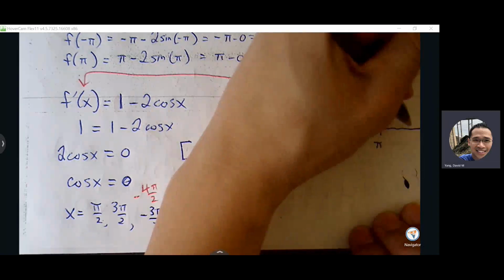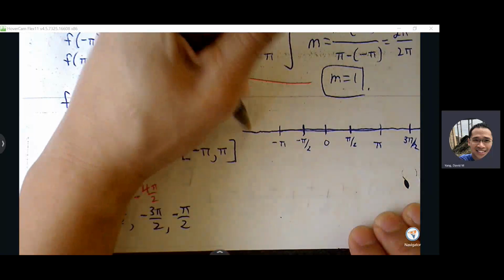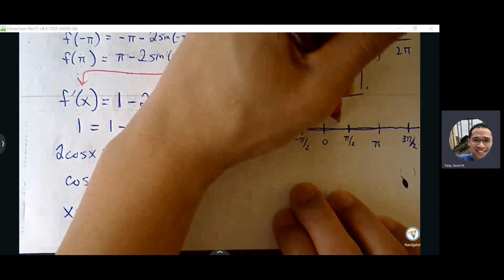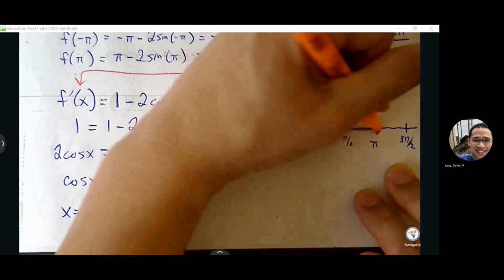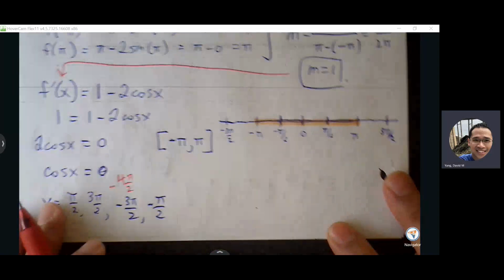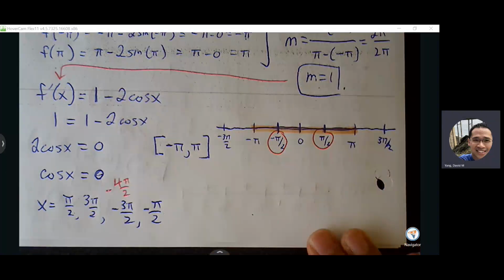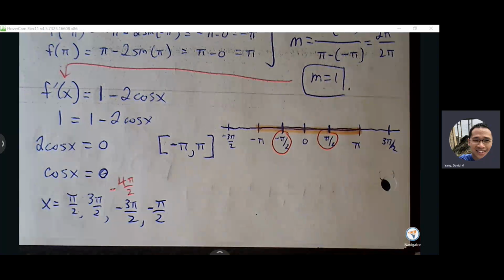Now 3 pi over 2 is too far outside our interval, and so is negative 3 pi over 2. So we're just looking at what's between negative pi and pi, and we see a couple of options. We're guaranteed at least one. We may have more than one. In this case, we do have more than one. We have 2 locations on this curve where the slope equals 1 between our endpoints.